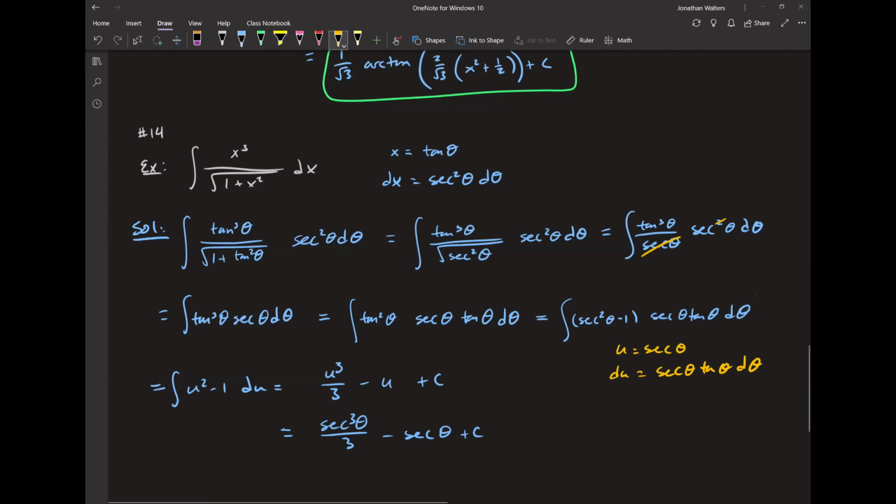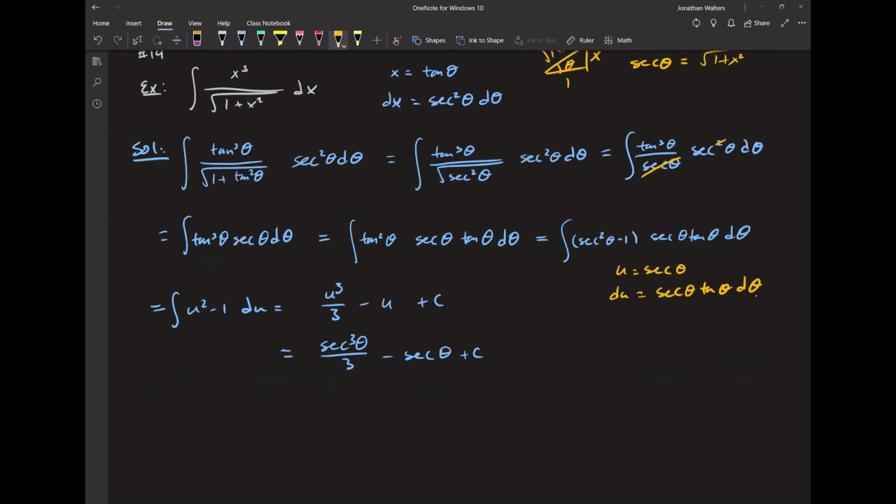And go back and draw our triangle. So here's theta. Tangent theta is x over 1. The hypotenuse is square root of 1 plus x squared. So secant theta is hypotenuse over adjacent, which is square root of 1 plus x squared. So this is going to be 1/3 times 1 plus x squared to the 3/2 minus square root of 1 plus x squared plus c.